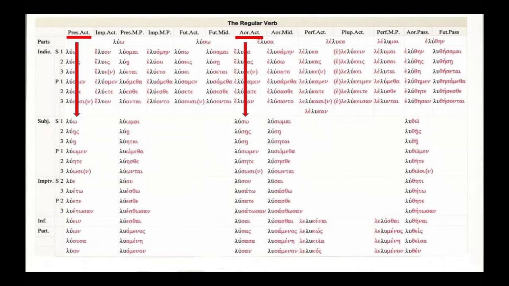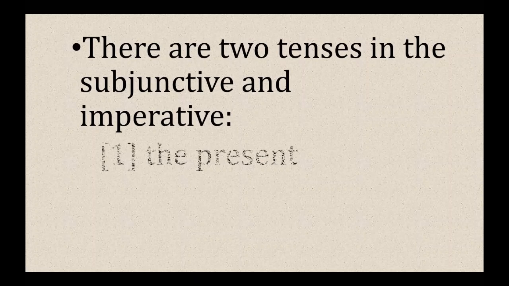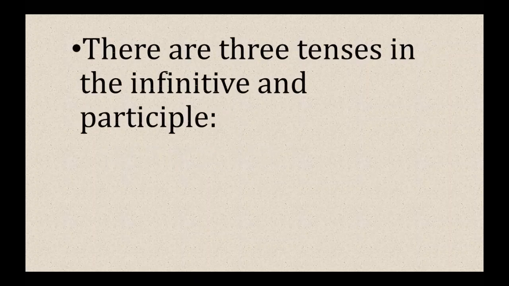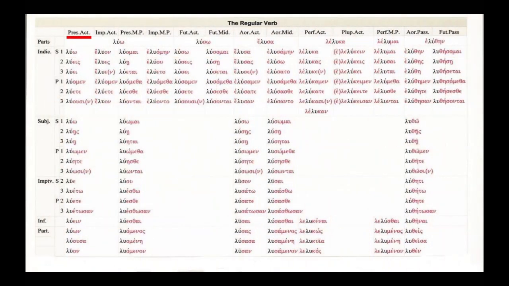So basically we have the present and the aorist, and then there are 3 tenses in the infinitive and the participle. If we drop below the line, we have the present, which has the infinitive form. In English, the way we know an infinitive is that we have the word "to" before it, right?